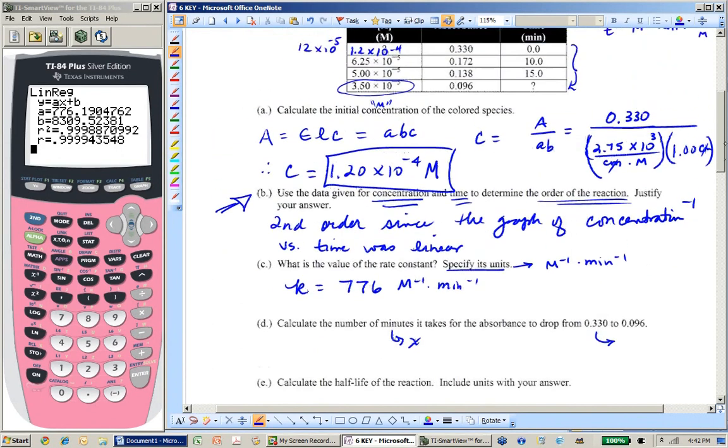So I need to understand that my quest really is to find out what is the time, not for the absorbance to drop, but calculate the number of minutes when the concentration is equal to 3.50 times 10 to the -5. Okay, this was a little bit rude, a little bit unnecessary, but that's what we're faced with doing.